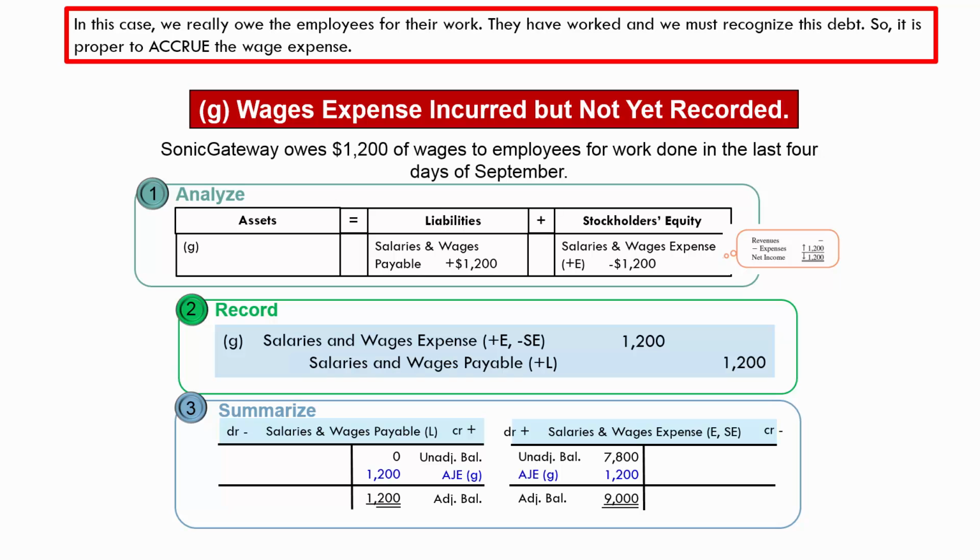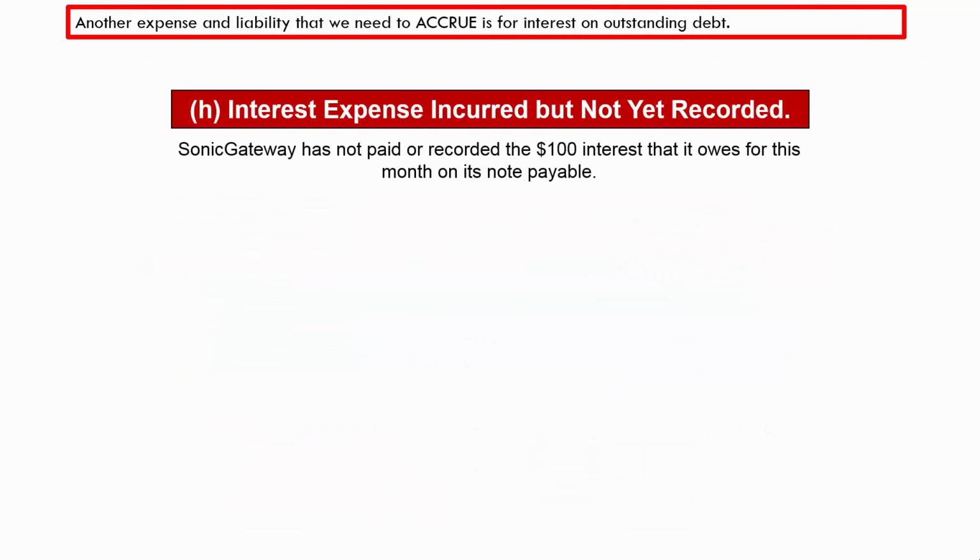Now, we have probably paid the employees with cash up here for the $7,800, and the $1,200 represents the amount we have not yet paid them, but the total amount of salary and wages which is incurred related to our revenue process for this month would be $9,000. $1,200 again owed to our employees.